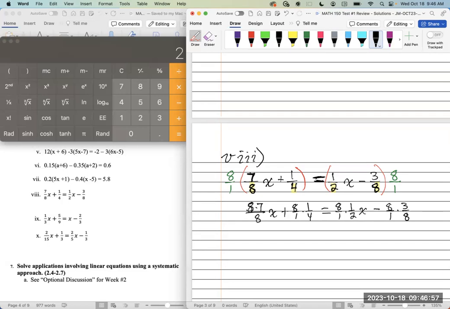Keep your equal signs lined up. It helps you keep your work organized. And then reduce. This is going to become 7x plus 8 divided by 4 is 2. On the right side, 8/2 is the same thing as 4.